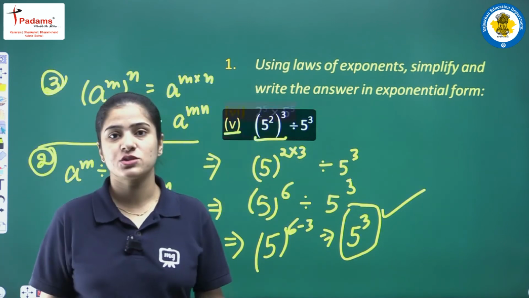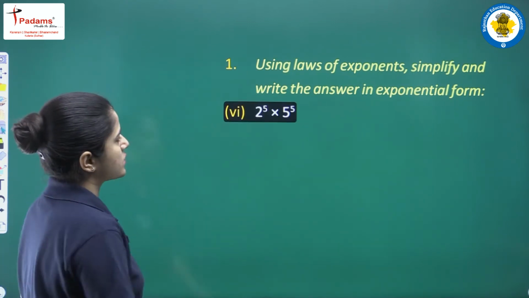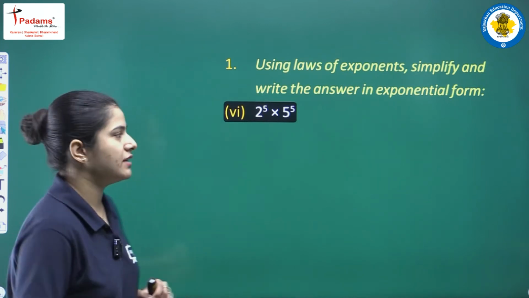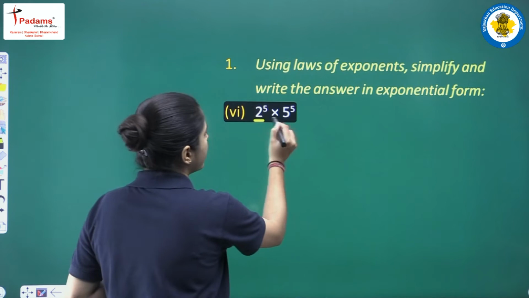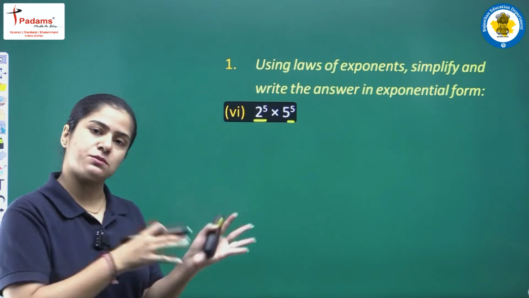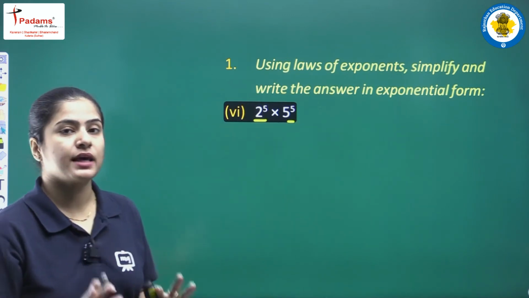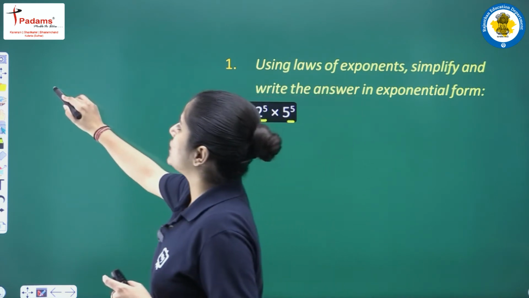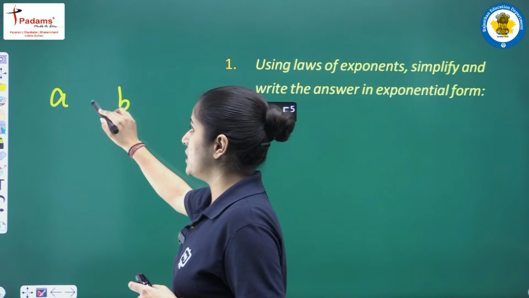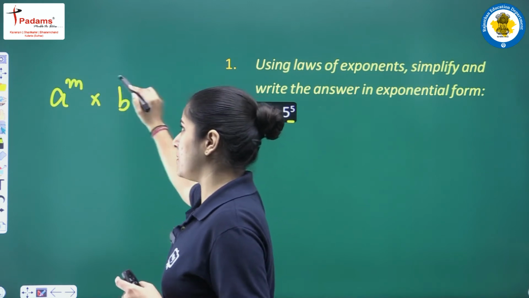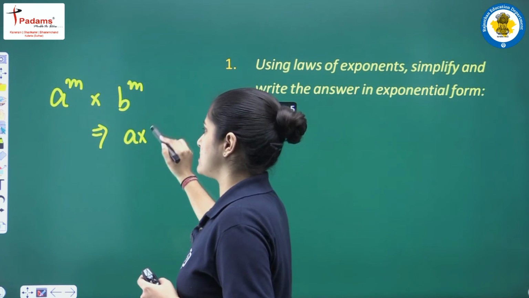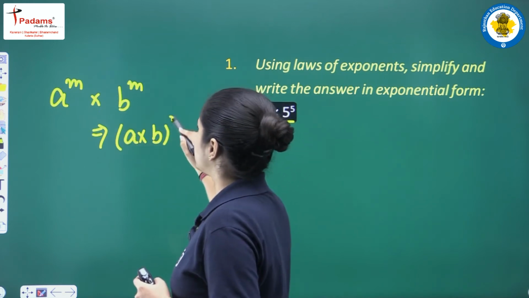Looking at the sixth question students, क्या है वो? Sixth question says 2 raised to power 5 into 5 raised to power 5. Now have a look students. Here the bases are not the same but the exponents are same. Okay, base same नहीं है, क्या same है? Exponent same है. Law क्या था? When you don't have the base same but you have the exponent same, then we multiply the base keeping the exponents the same.